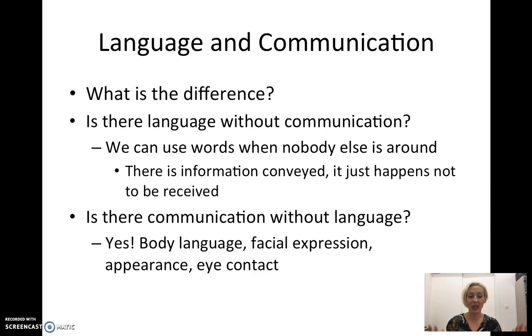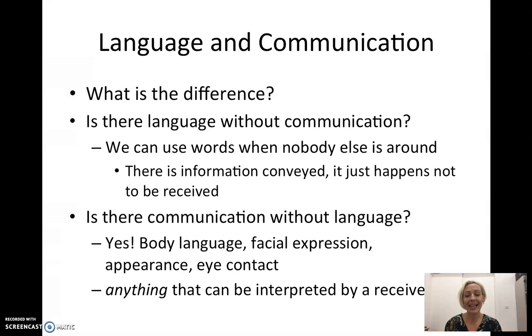There are so many ways that we can share information. There is more. In fact, anything that can be interpreted by a receiver can be communication.